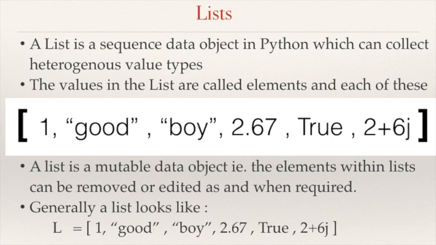As you can see on the screen, a list is holding 5 different types of data objects, that is integer, string, float, boolean, and complex within it. Thus, we may also say that a list is capable of holding heterogeneous data values.